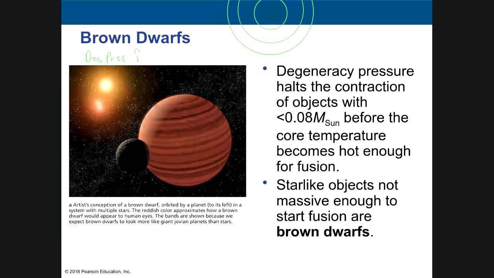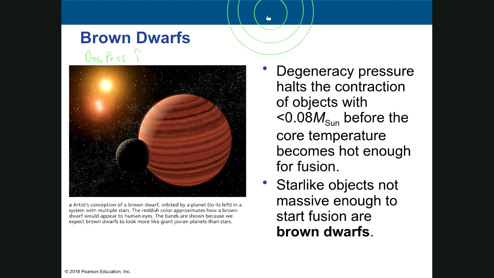If the electrons are in their chairs, in their energy levels, there's nowhere for the star to go. So with less than 8% mass, as you go down, you heat up and get hotter, and then all of a sudden you can't shrink anymore. You filled up all the chairs, you're not massive enough, and you didn't get hot enough to start fusion. So you're just stuck. And this is a brown dwarf.